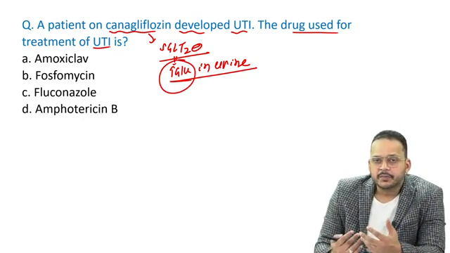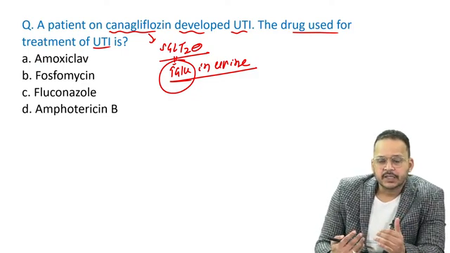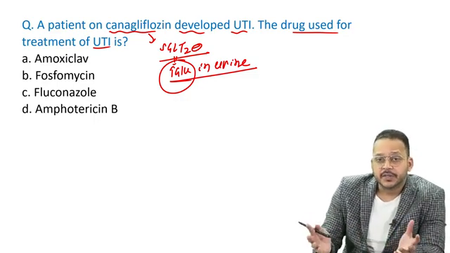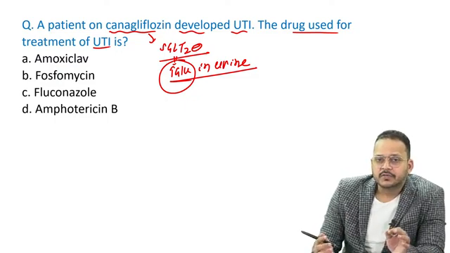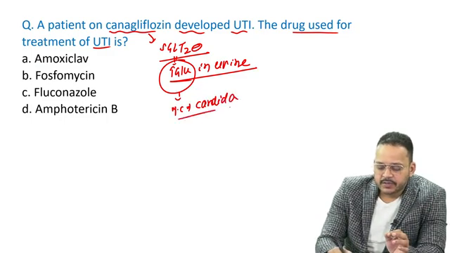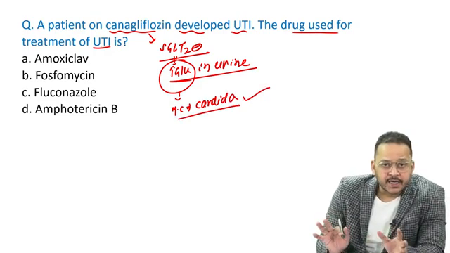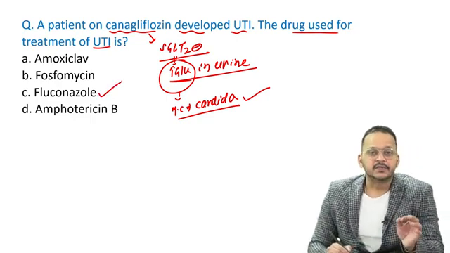One reason might be use of steroids, which can cause hyperglycemia, right? Because steroids are never used in so many patients together. So glucose in urine also increases risk of fungal infection. This glucose is the reason why the most common cause of UTI is Candida. In other words, in this MCQ, what I'm asking indirectly is what is the drug of choice for Candida UTI, and your answer is fluconazole.